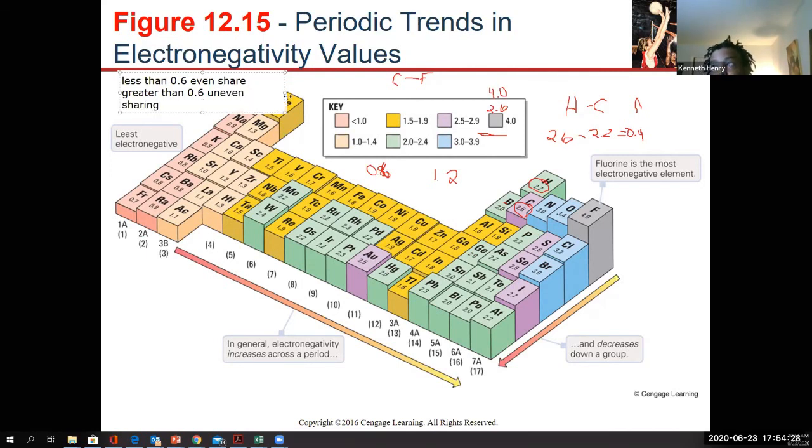Sharing up till a certain point, right? Because then we get into our metals.